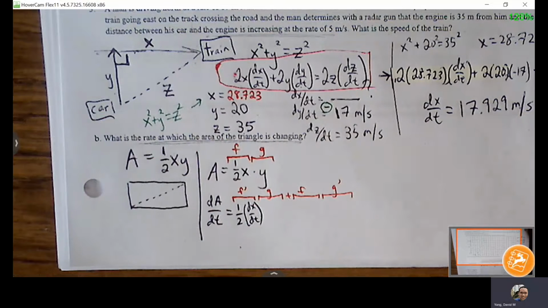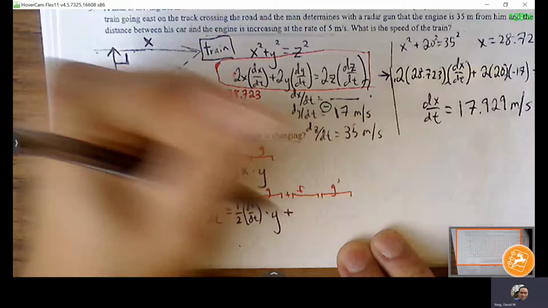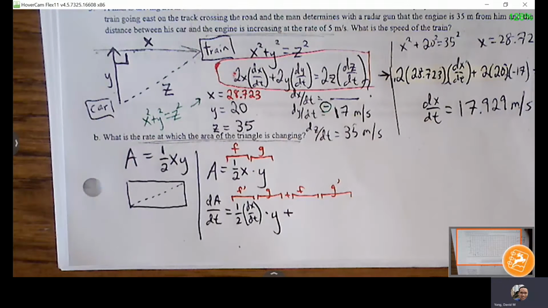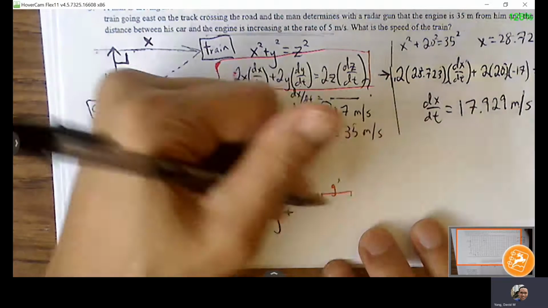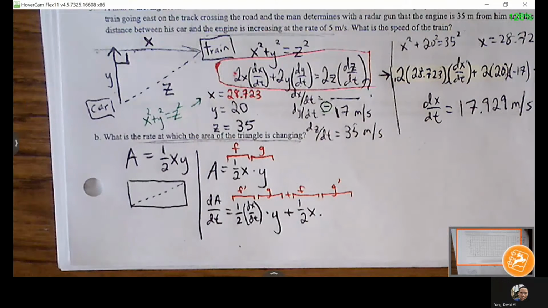Time is going to influence every variable here. g is just the original g function, g value. f is just the original. Okay, what's g prime? And good.